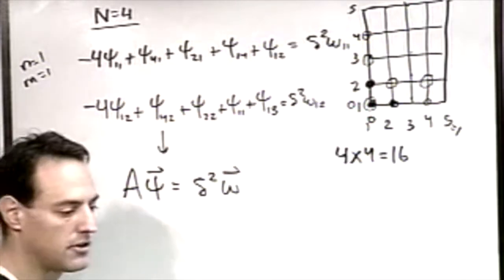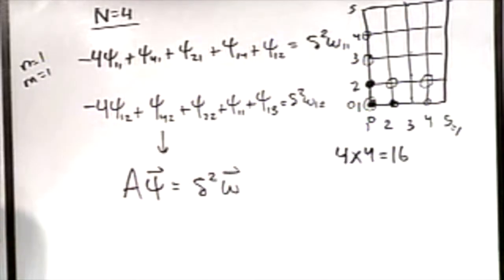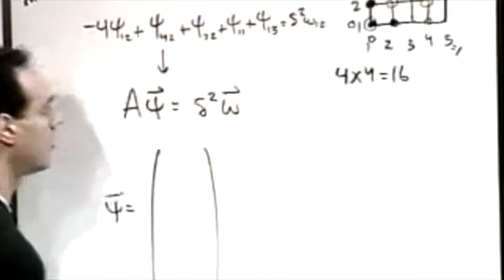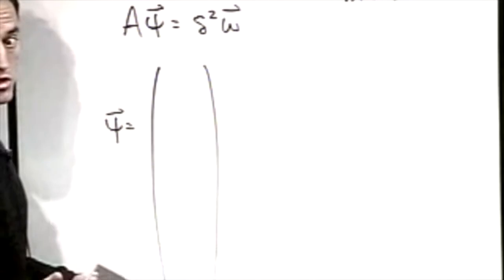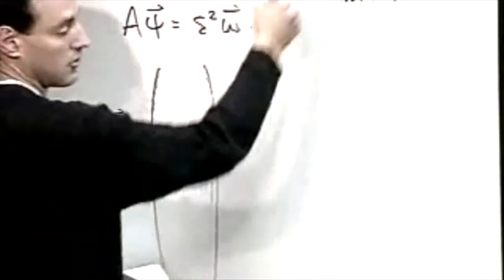Let me tell you what these vectors and matrices are, and we can talk about where they come from. So first of all, the vector psi is the collection of things I'm trying to solve for. For lack of a better way to do this, this is just the way I've ordered them here. I said, okay, let's collect all these things.